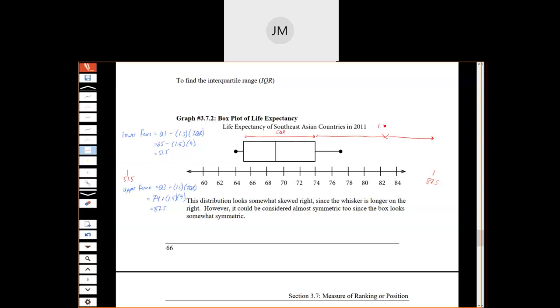Okay, so that's 1.5 IQRs. And the same thing on the left. I take that distance and I go 1.5 to the left, right, from this Q1. And that gives me a measuring stick for how far away you are from the middle half of the data.